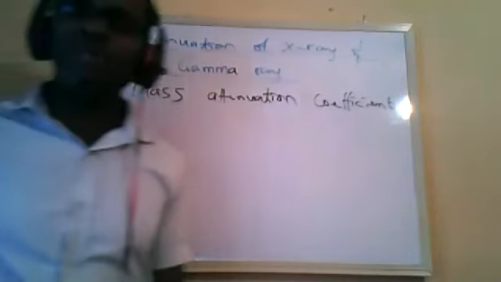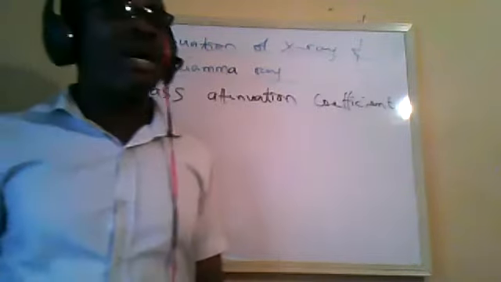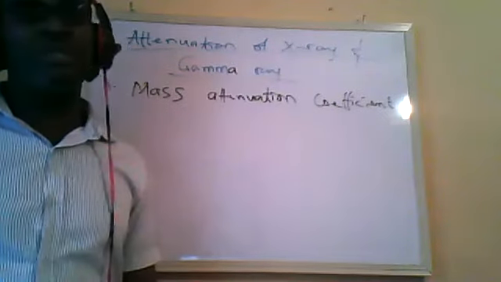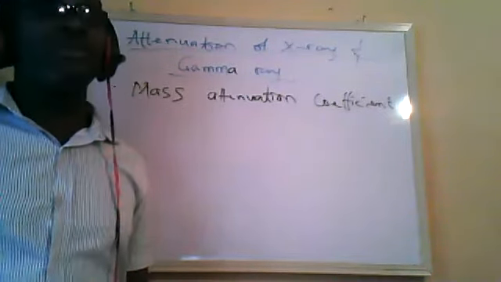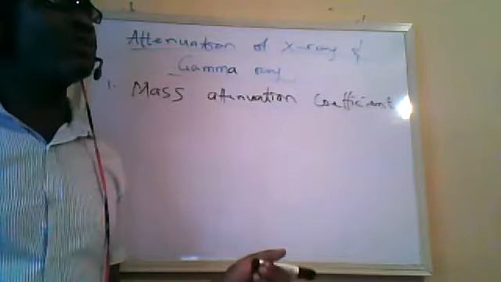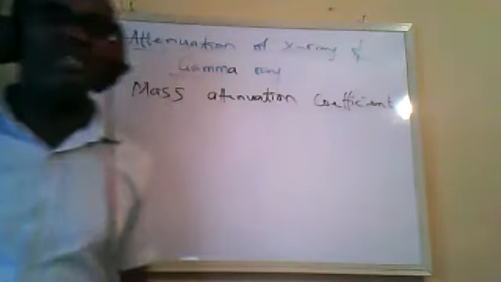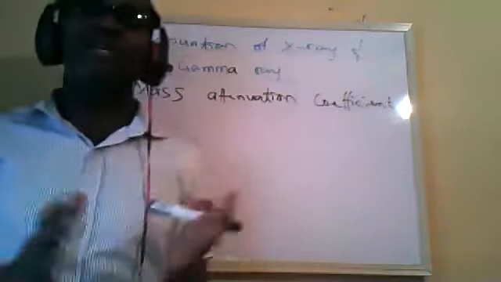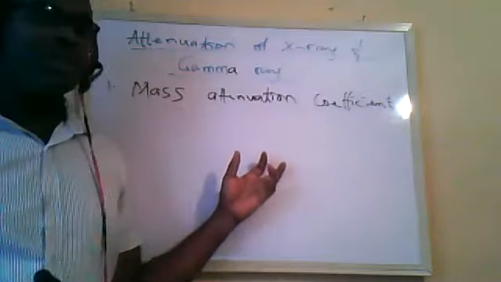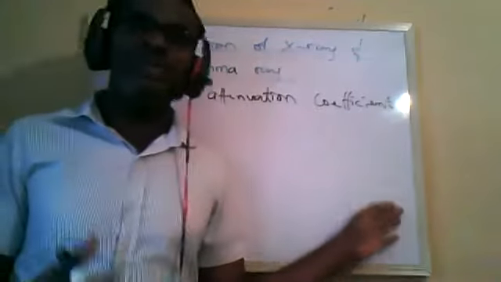But if you are looking at a particular material, for example soft tissue or water, and you want to see how much of the photon is removed when it traverses that material, you don't want to base it on the density of the material, because different materials can have different densities.